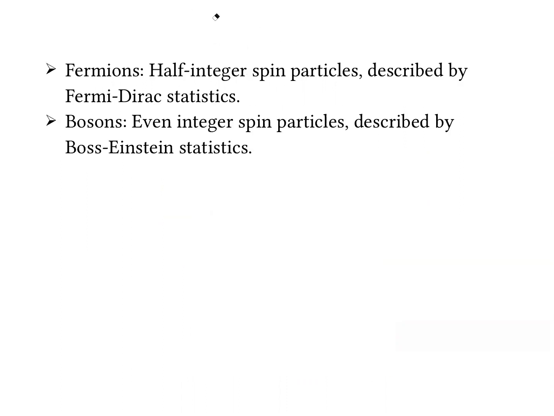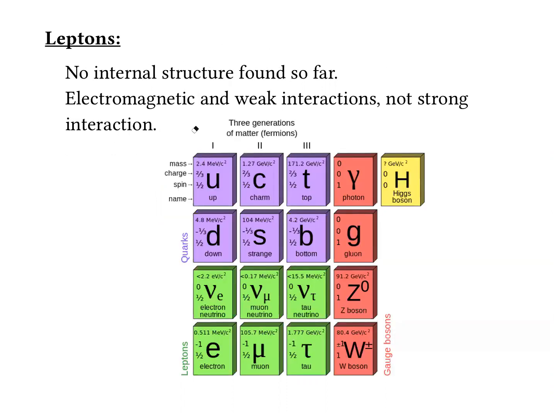So what we saw here is two kinds of particles. If I focus on the spin of the particle, quarks have half spin, and leptons also have half spin. But the bosons have spin 1. There is also the graviton, which is not shown here because it is not detected yet. The graviton has spin 2.